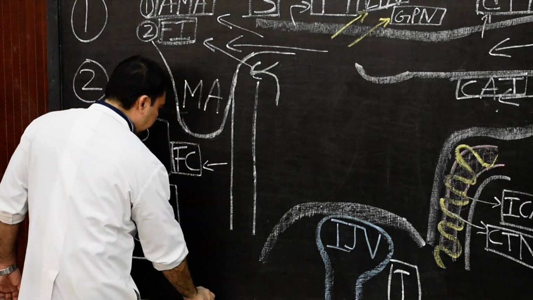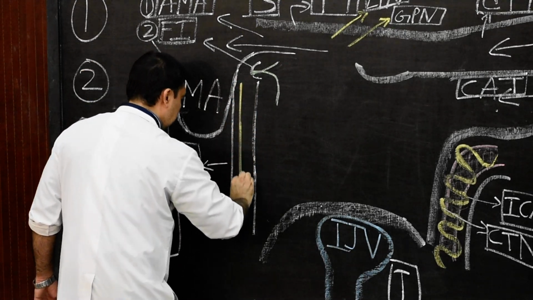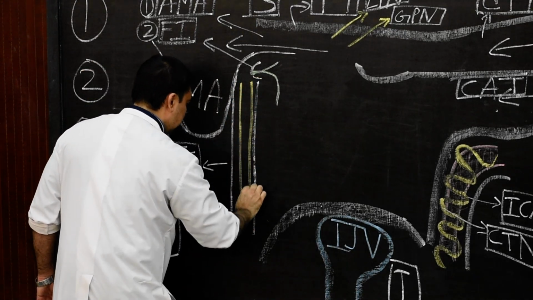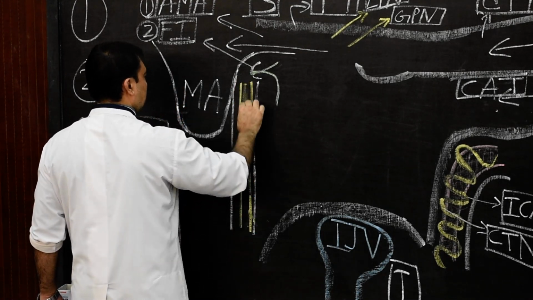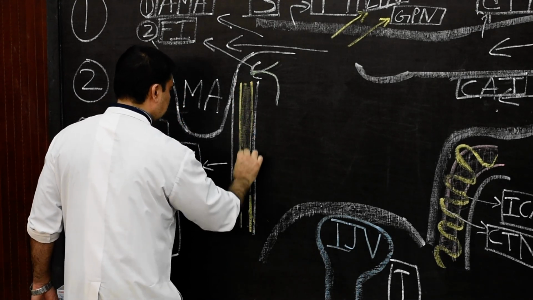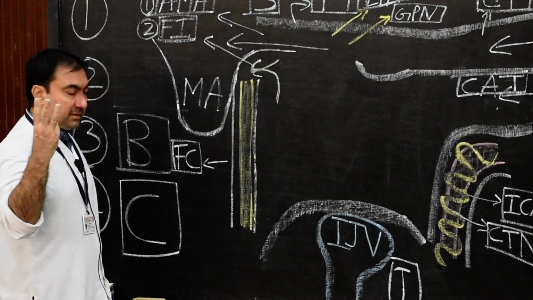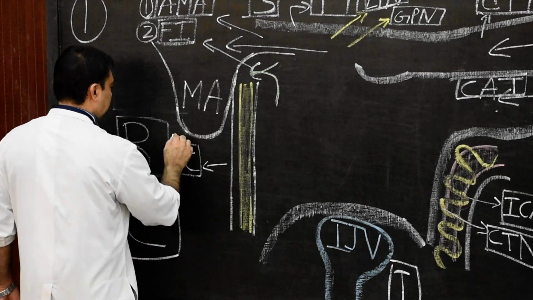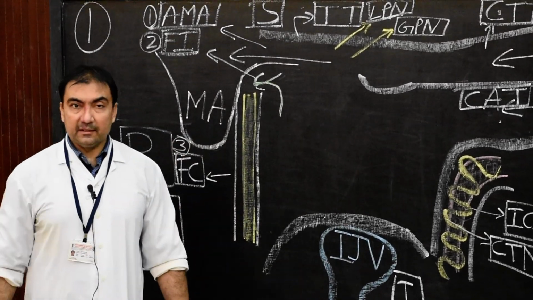What is present in the facial canal? Facial nerve. So let us draw this as the facial nerve, and therefore we'll give some color, yellow color, inside the facial nerve. Structure number 3, and remember this structure number 3 is known as the vertical part of the facial canal.